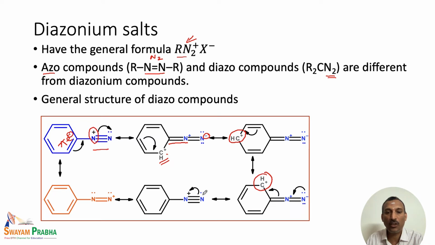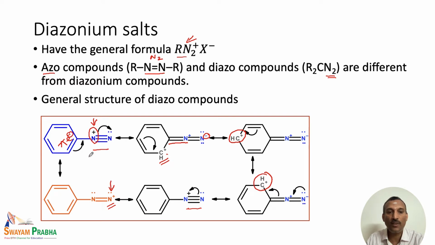In this particular case, there are three bonds between the two nitrogen atoms. So, one of the bonds is now shifted towards the positive nitrogen atom, and the outside nitrogen now has a positive charge. So, these are all the various resonance structures. The internal nitrogen has a positive charge in one of the resonance structures, and the external nitrogen atom has a positive charge in another resonance structure.